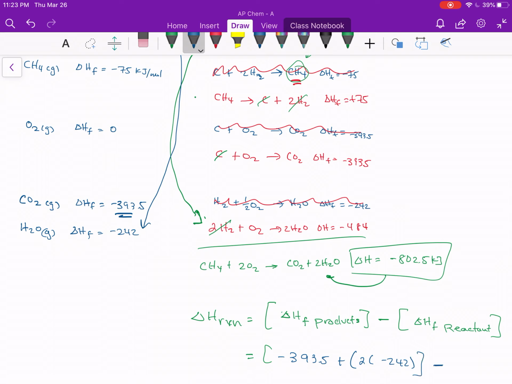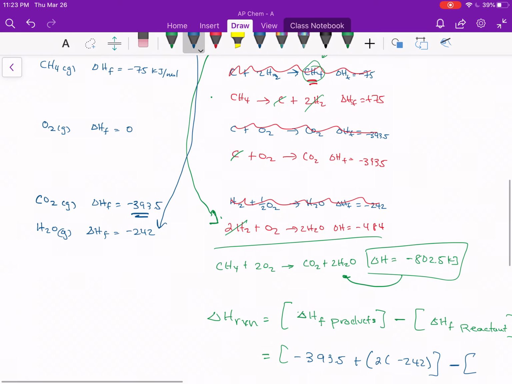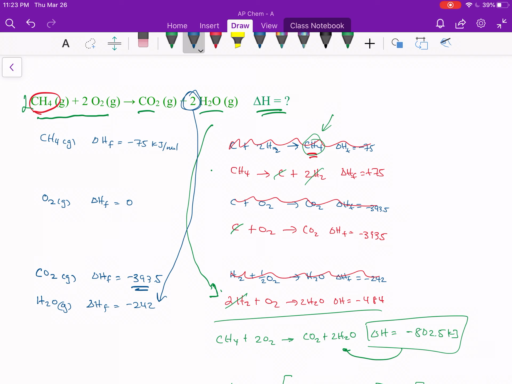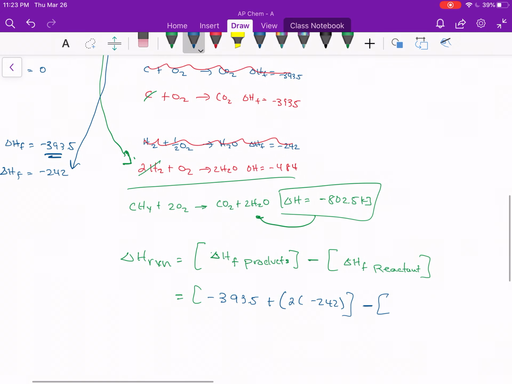Now I'm going to subtract that from my reactants. My reactant is methane, and we see the heat of formation is negative 75, so I'm just going to plug in that negative 75. I don't have to multiply by anything because the stoichiometry is 1 in front.